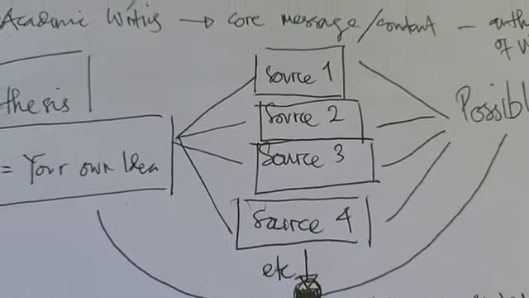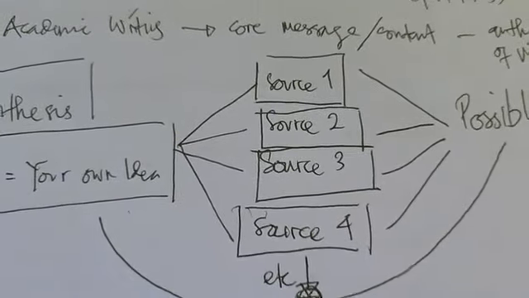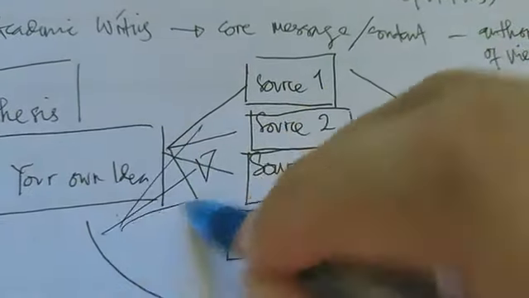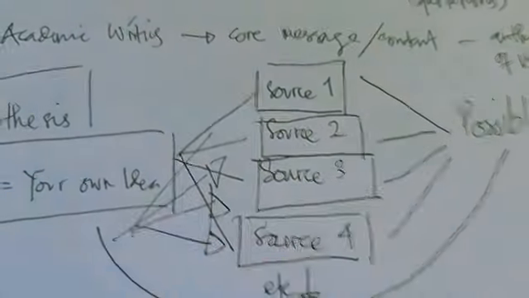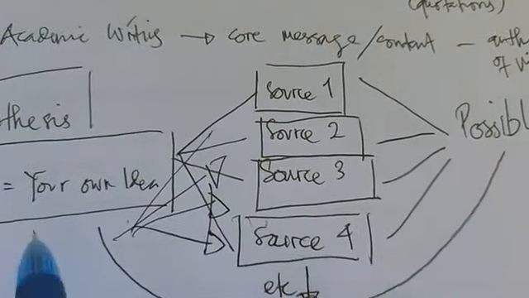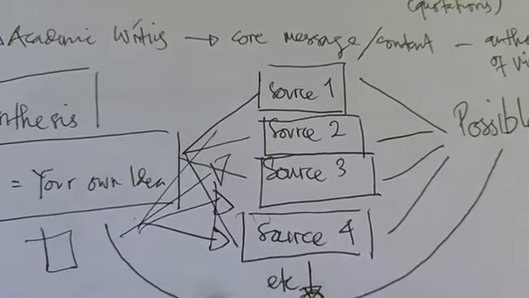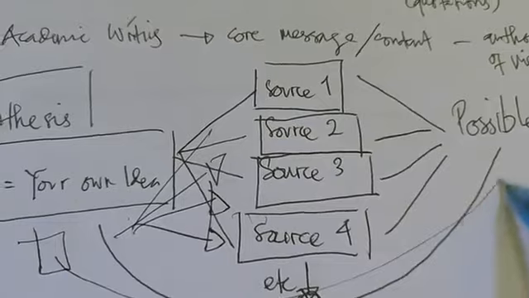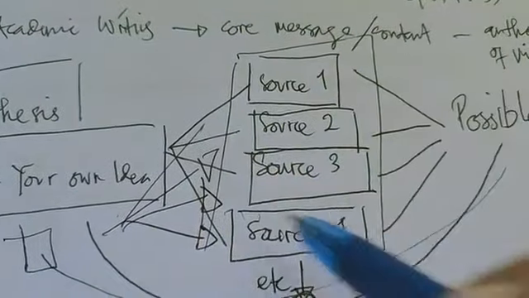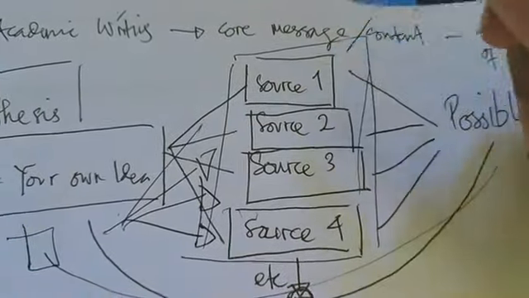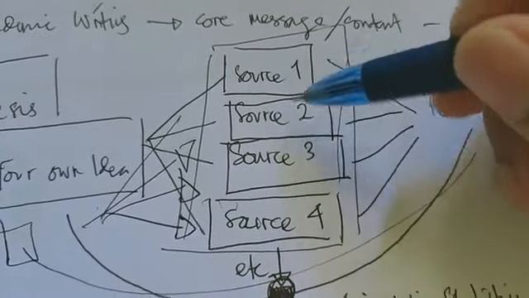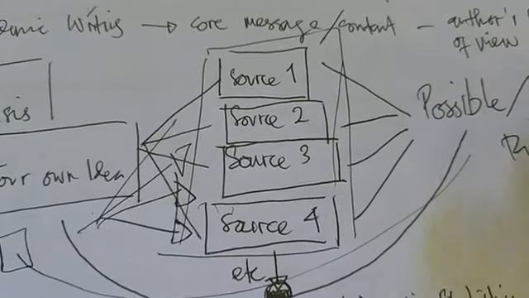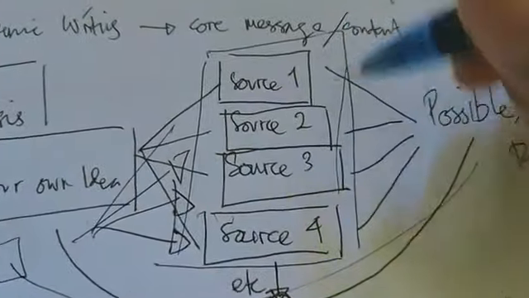It could be based on these sources, or you have an idea, and then it becomes proven by the sources. Each of these sources has to connect with the others.